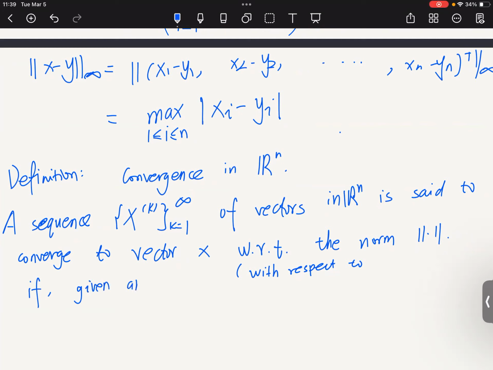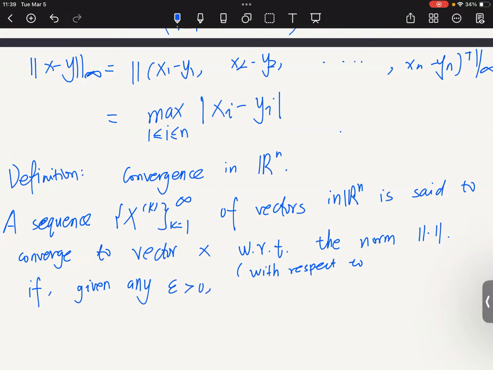Given any epsilon, the epsilon definition here: given any small epsilon bigger than 0, there exists an integer N related to the epsilon we choose, such that the norm of x_k minus x, that is the distance between x and the x_k we choose here, is smaller than epsilon.